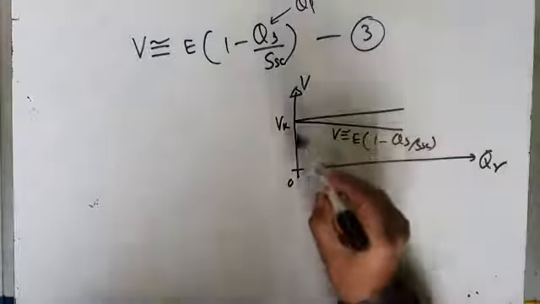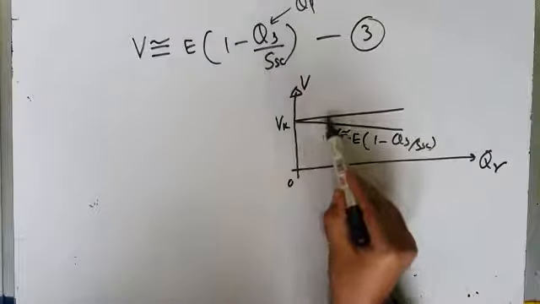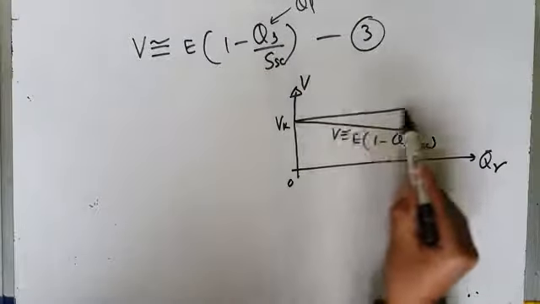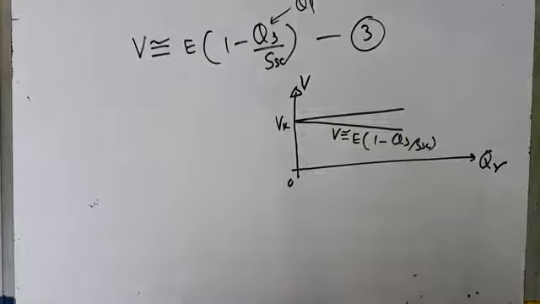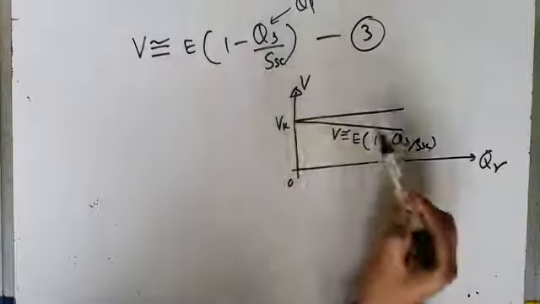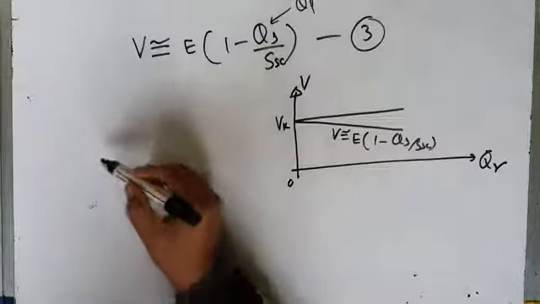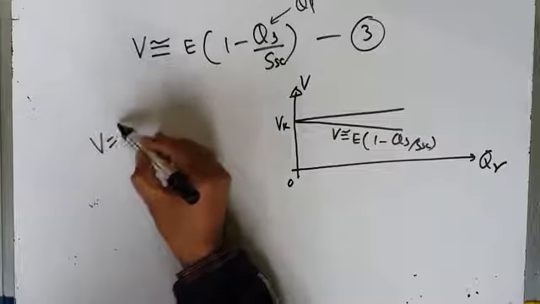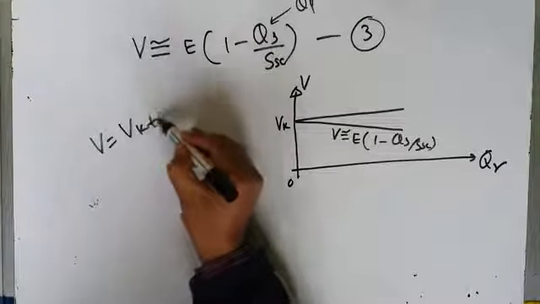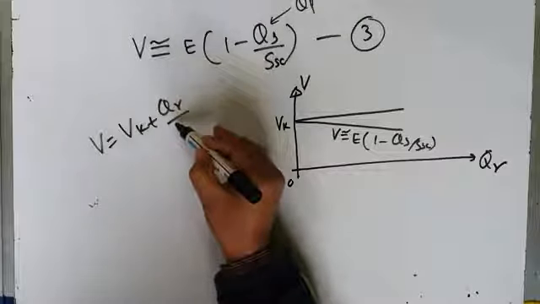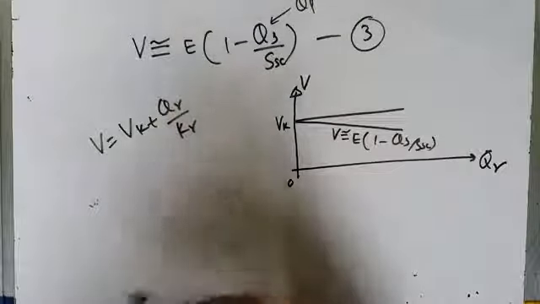But our aim using the shunt compensator is to maintain this voltage constant at Vk so that we achieve zero voltage regulation. For that purpose, we already know that V is equal to Vk plus Q gamma by K gamma. So what should your compensator do?